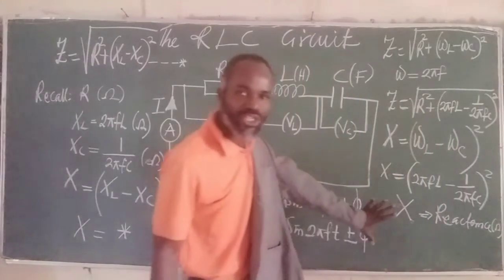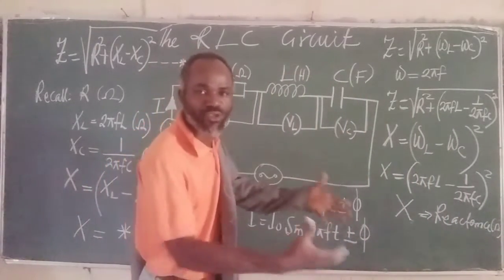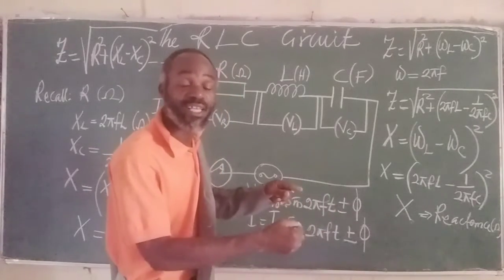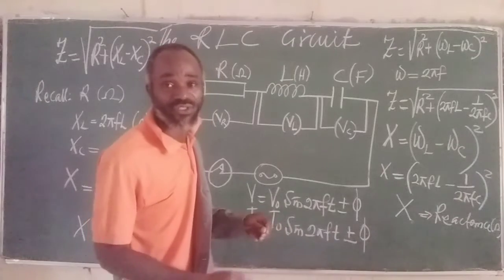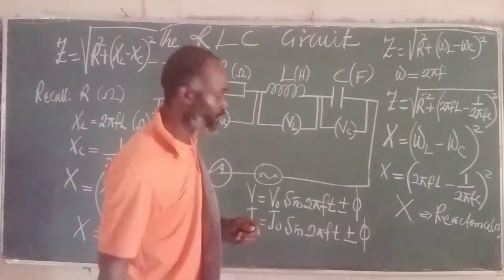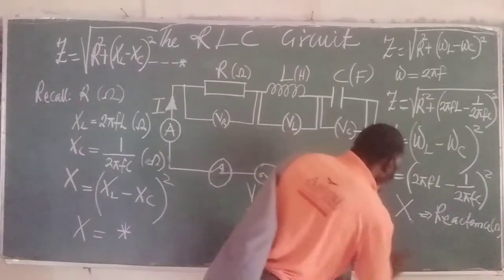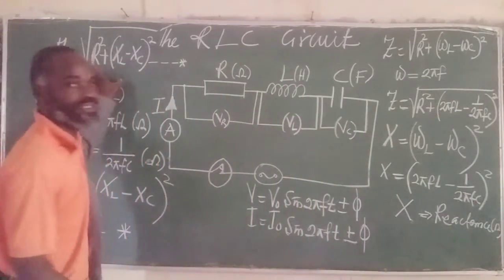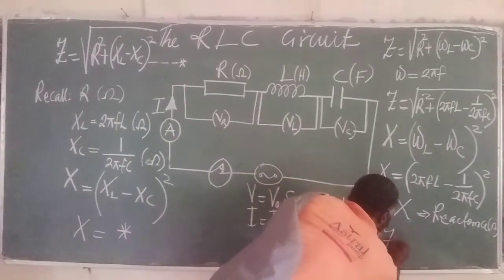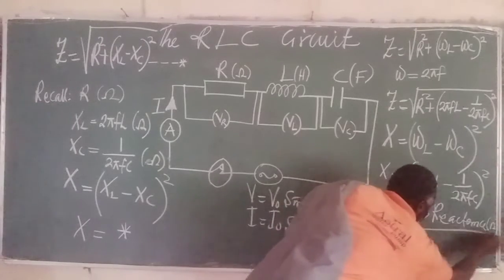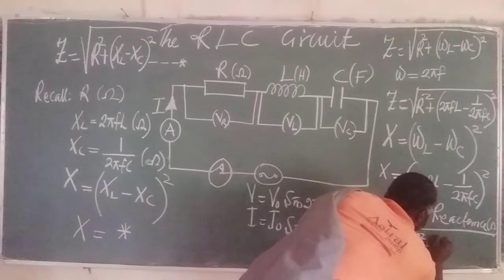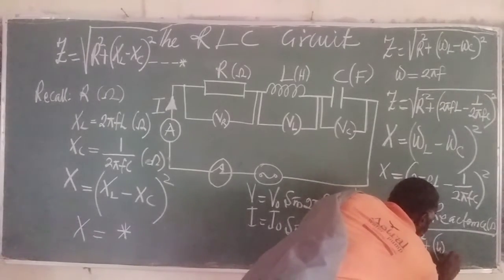The reactance is measured in ohms because we are talking about some amount of opposition offered to the flow of current in an AC circuit. Of course, it's an electric circuit, though it's now being powered by some kind of AC source. Finally, we redefine this, and it gives Z is equal to square root of R squared plus, in place of this, we have omega.